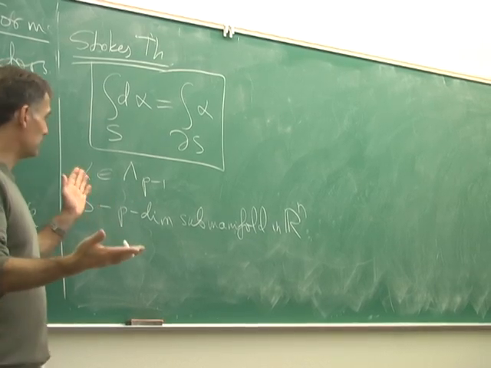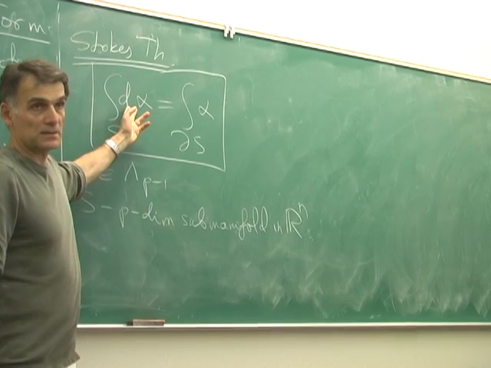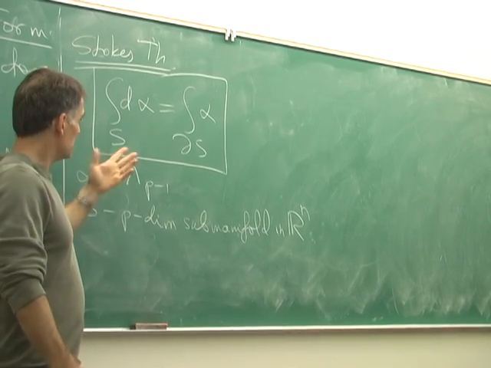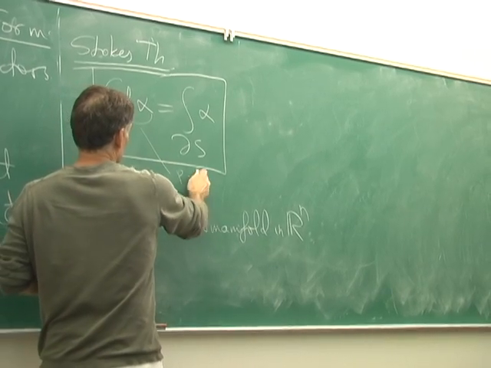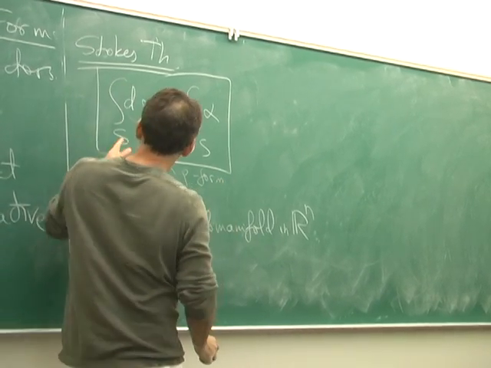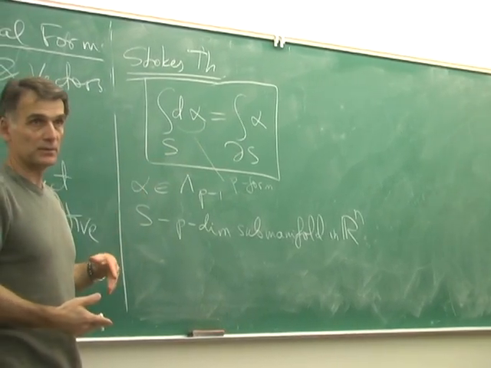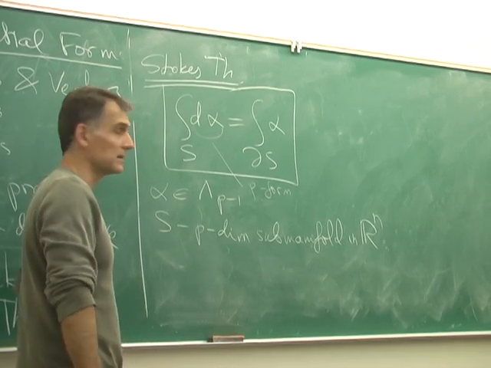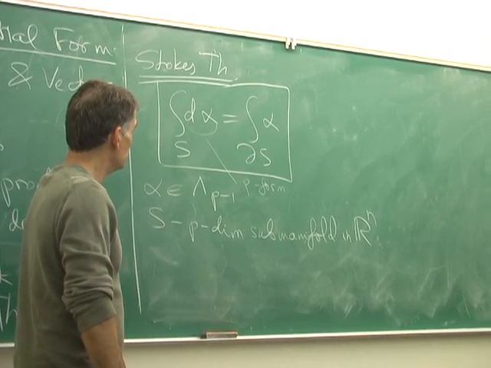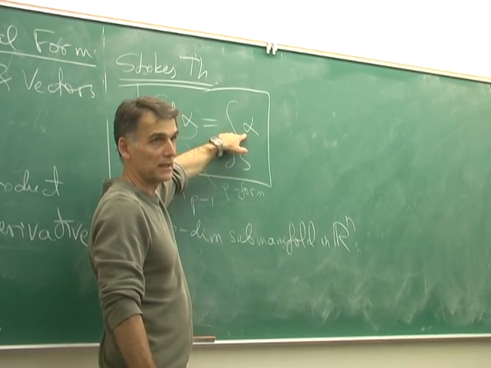So you have Rn, you have a form, you first take the exterior derivative of it, and you get the higher form. And you integrate it over the submanifold, how I defined it before. You parameterize it and then you pull it back, and that's the definition. And then it turns out that it is equal to the integral of the form itself without the derivative.